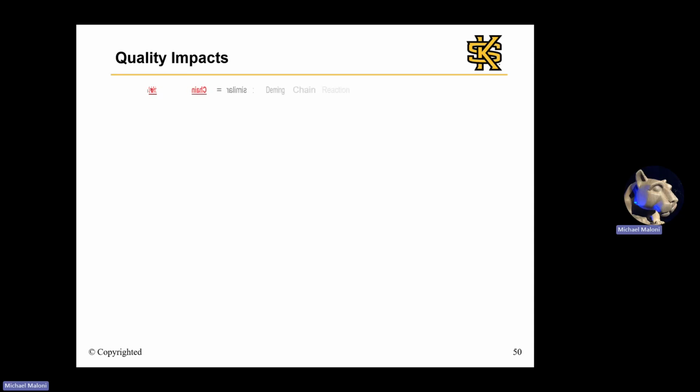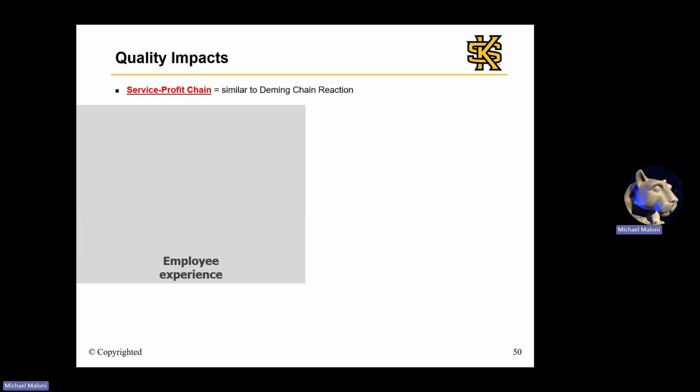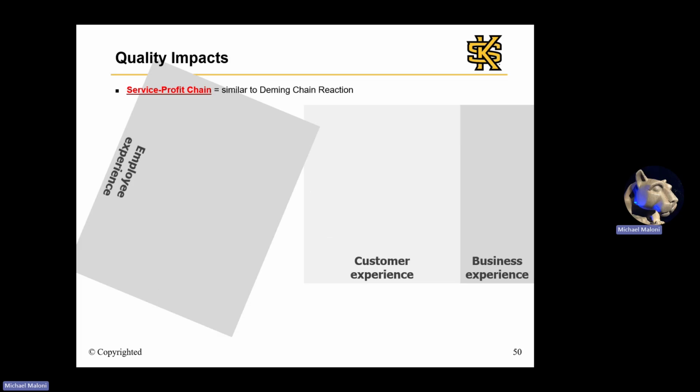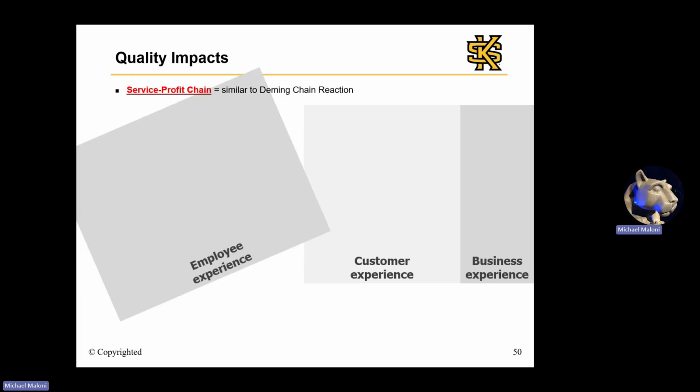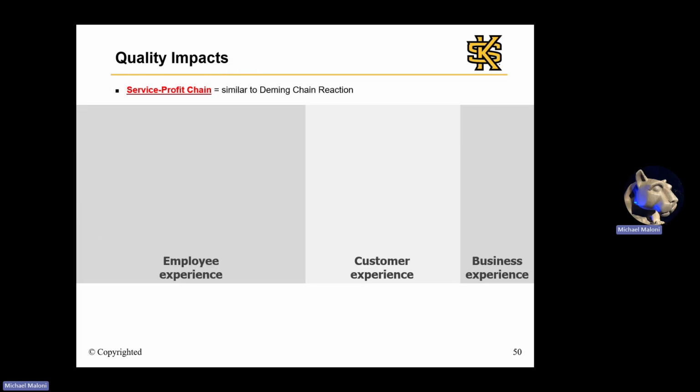James Heskett promoted a similar concept with the service profit chain. We can divide this into the employee experience, the customer experience, and the business experience. So, the employee experience is quality from the employee perspective.